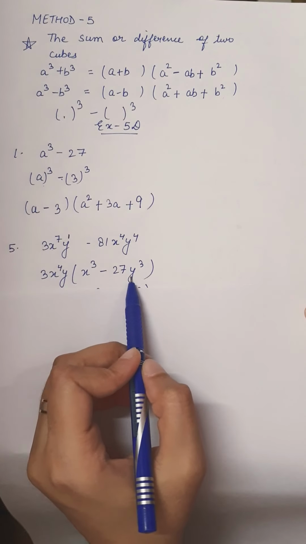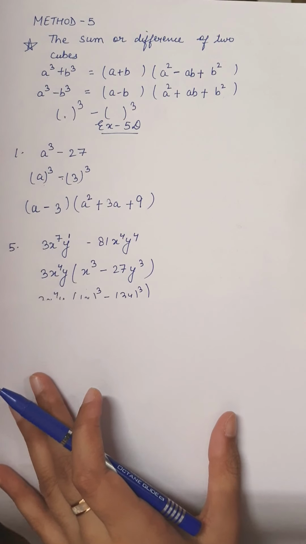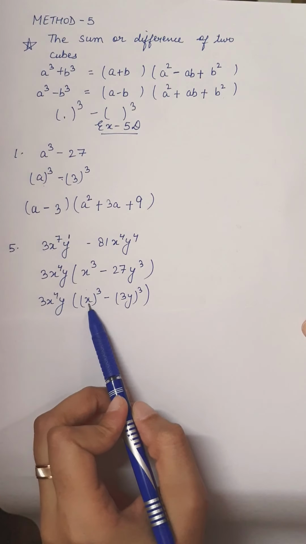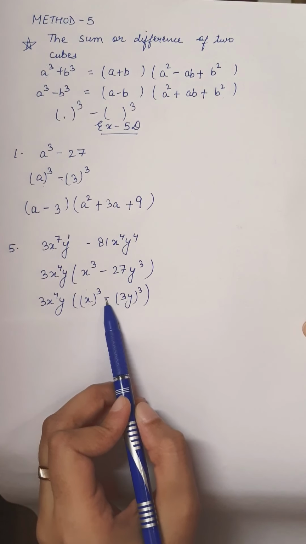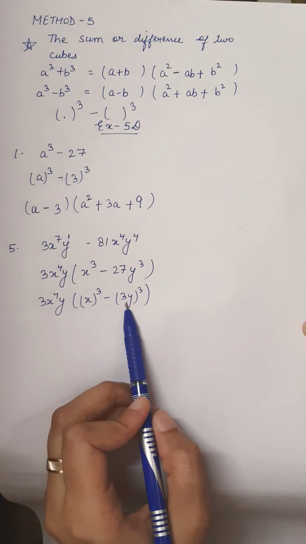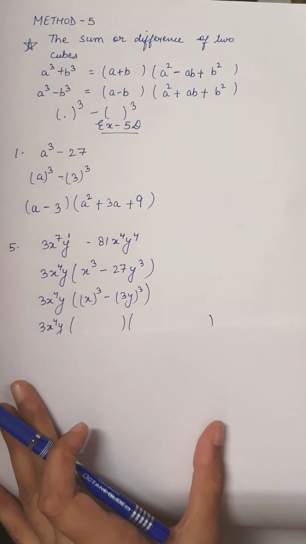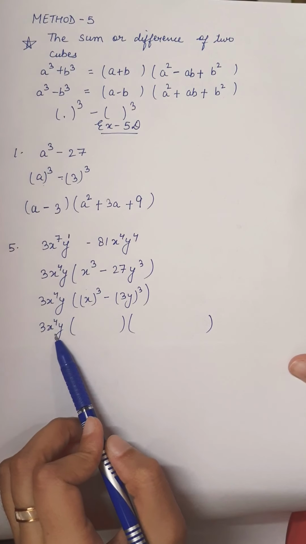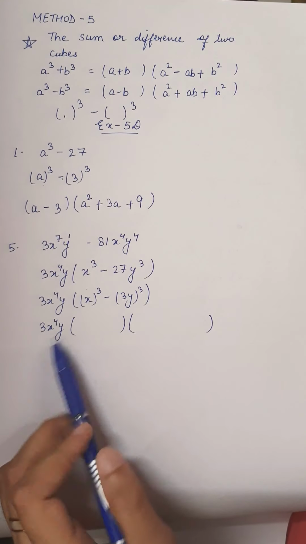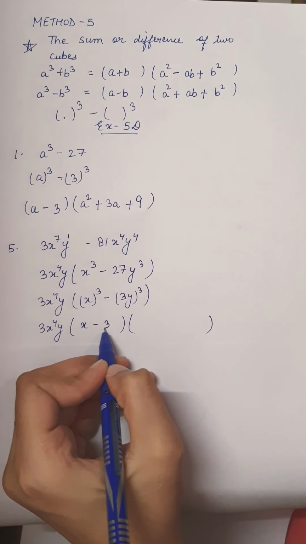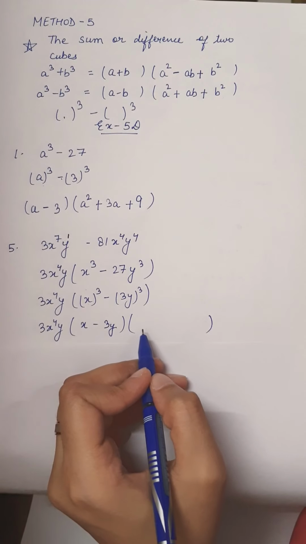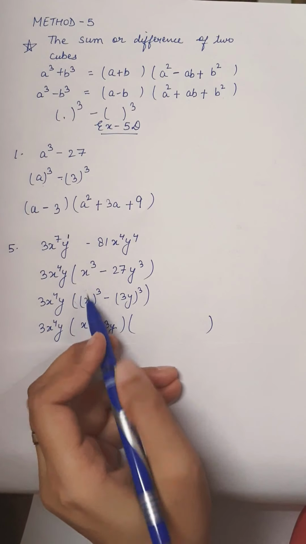Now this is following a format: cube of x, cube of 3y with a minus sign. So difference of two cubes, that means first term will remain as it is. There is nothing to do with this. Now difference of both. Now first term will be square of the first bracket.